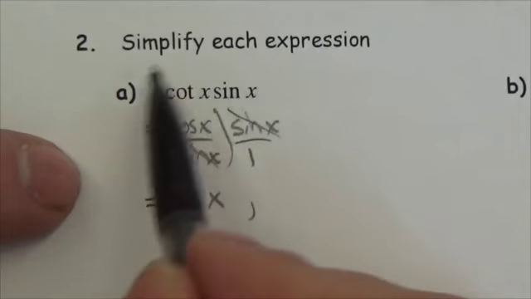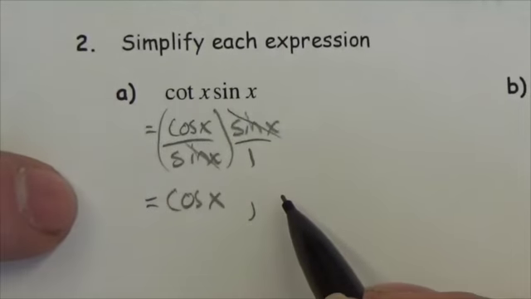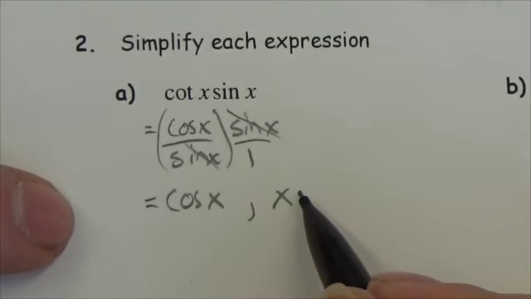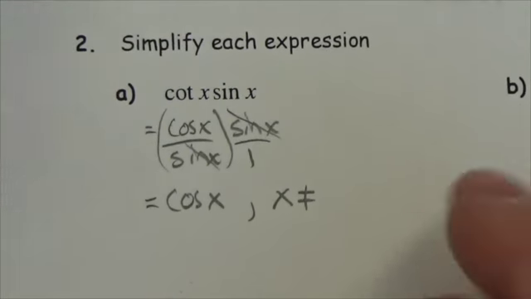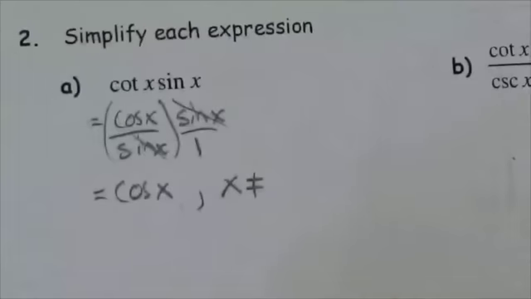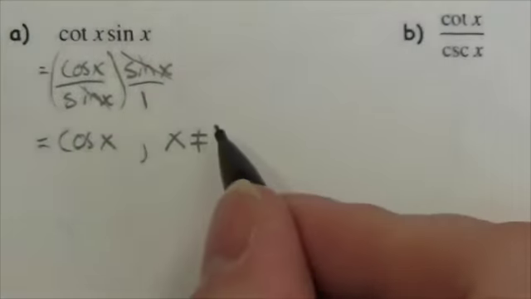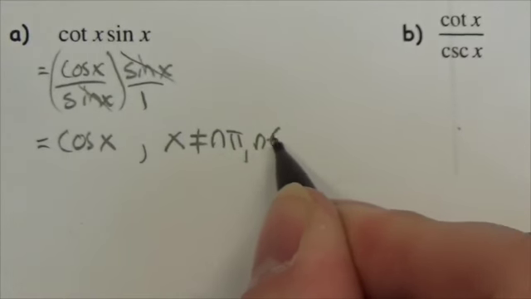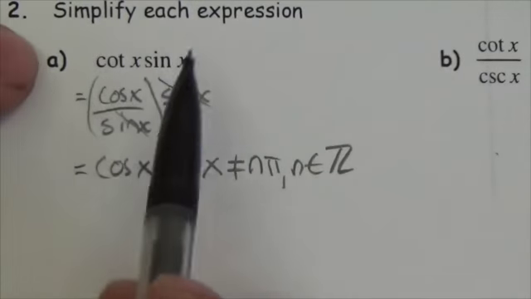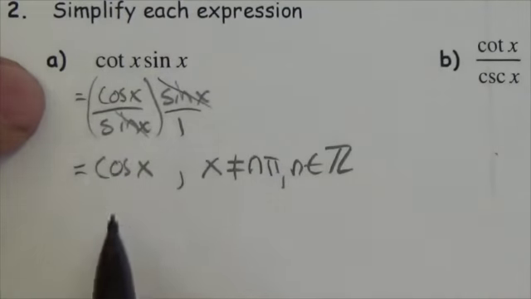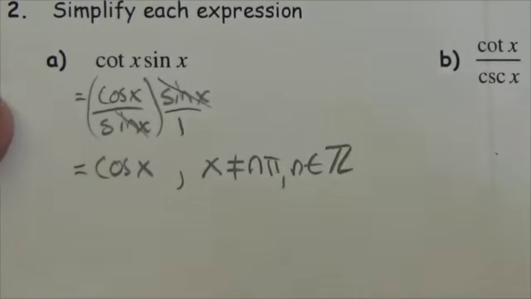Notice that cotangent has restrictions as long as x is not, oh shoot, just a quick little brain fart here. Sorry, that's embarrassing. n pi, where n is an element of the integers. Cosine doesn't have that restriction. So to make them equal, I have to include reference to that restriction.